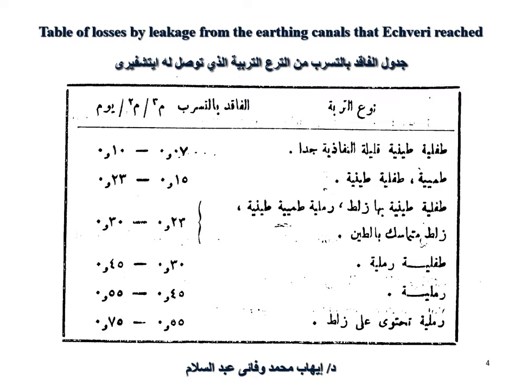Table of losses by leakage from the earthen canal that is very rigid. This is a type of soil and the losses in cubic meter per second per square meter per day.